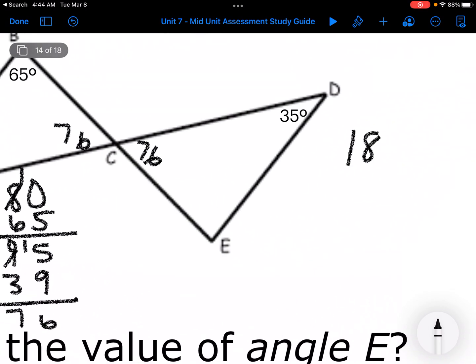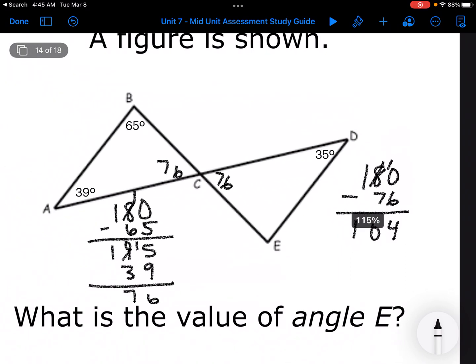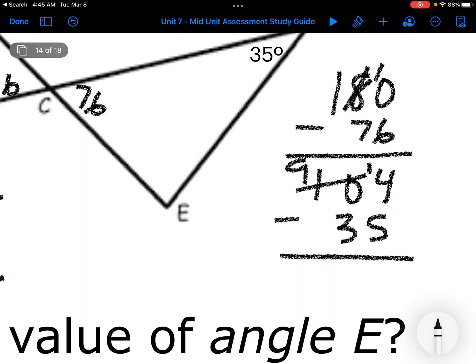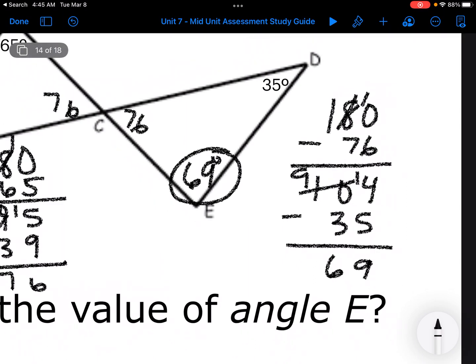So now I have 180 and I'm subtracting off 76. And then I'm going to subtract off 35. So 69 degrees.